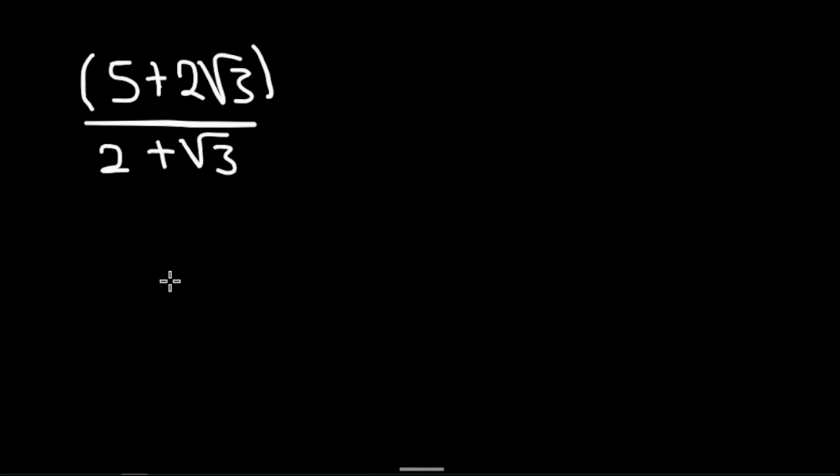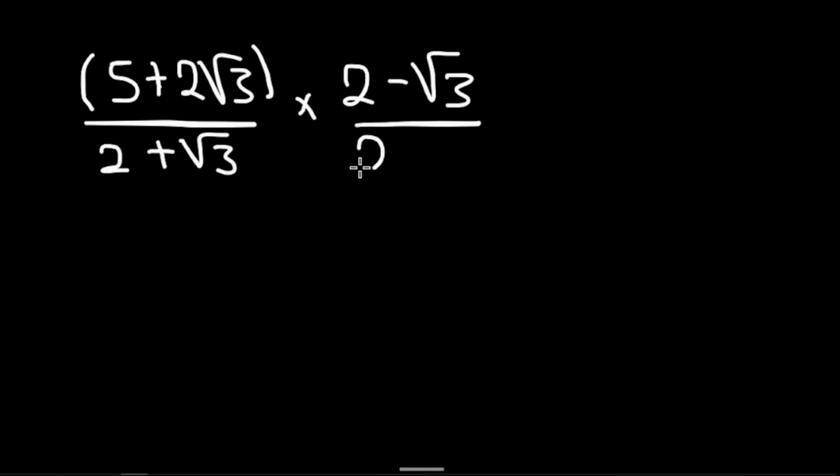Okay, so if you're rationalizing this one, you're also going to do the same thing, except in this case you have got positive, so that positive will change and then go to negative. So we're going to be essentially multiplying by 2 minus the root of 3 over 2 minus the root of 3. Then now we multiply this algebraically.